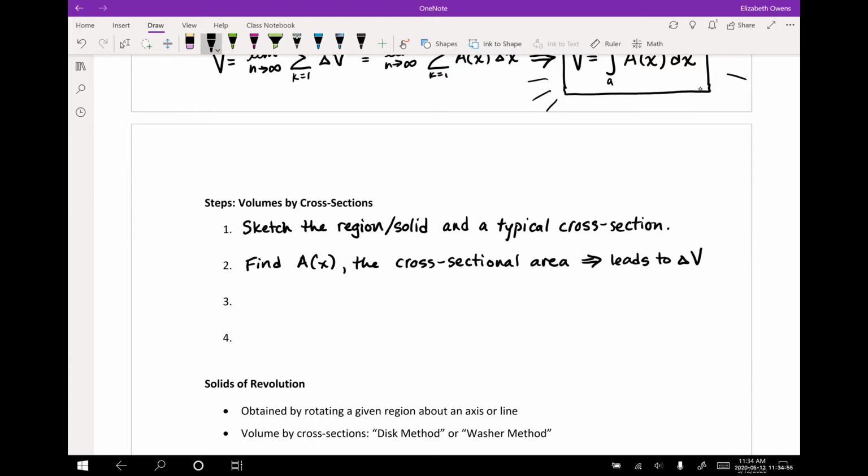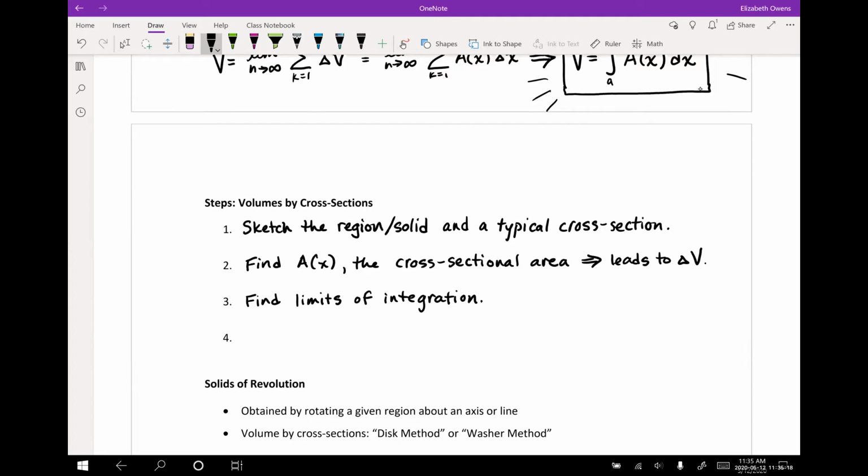Okay. Step 3 is going to be to find your limits of integration so that you can set up your integral. And that's where the sketches can come in really handy, because sometimes you can just look at the sketch and pick the limits right off of there. That's pretty nice.